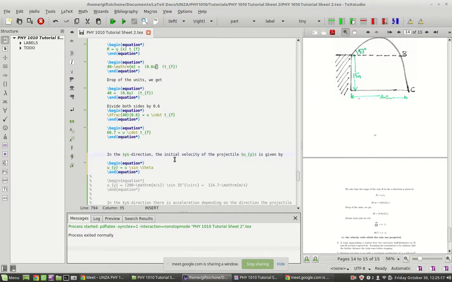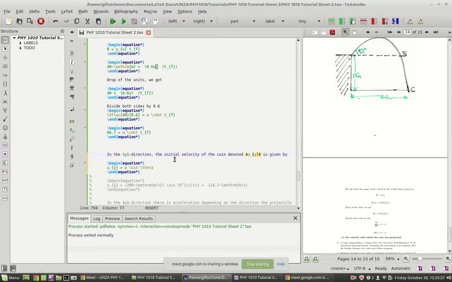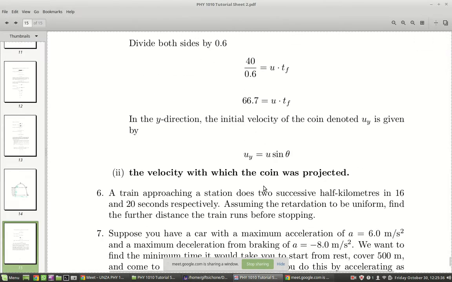So in the y-axis, the initial velocity of the coin denoted Uy is given by that. So this is what we get. Uy is equal to U sin theta, like that, in the y.